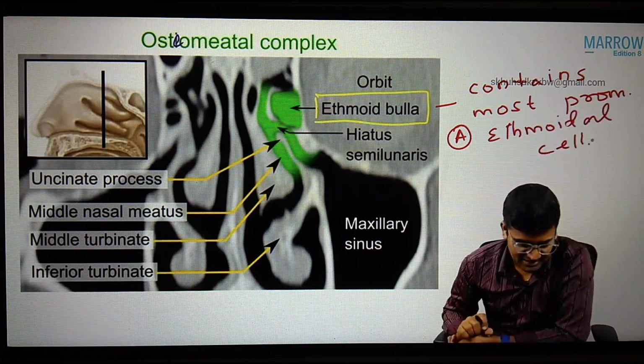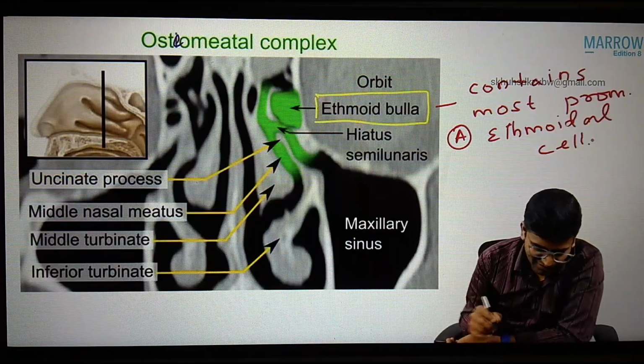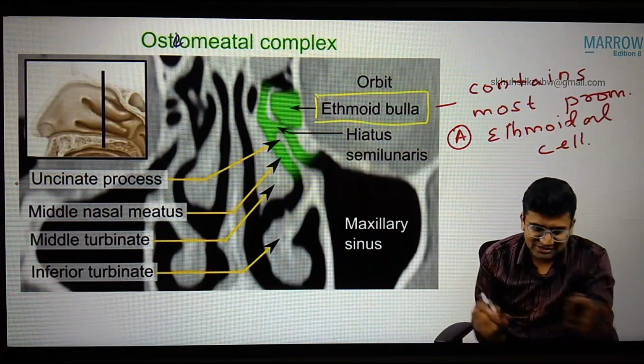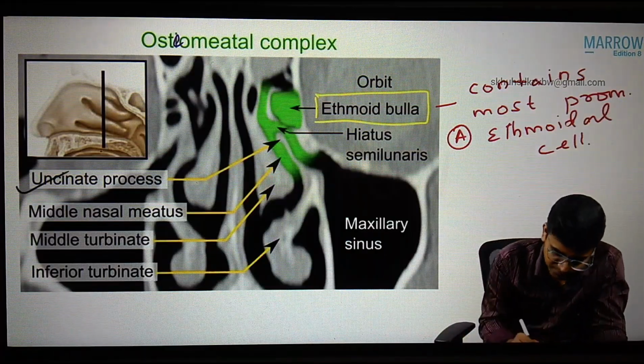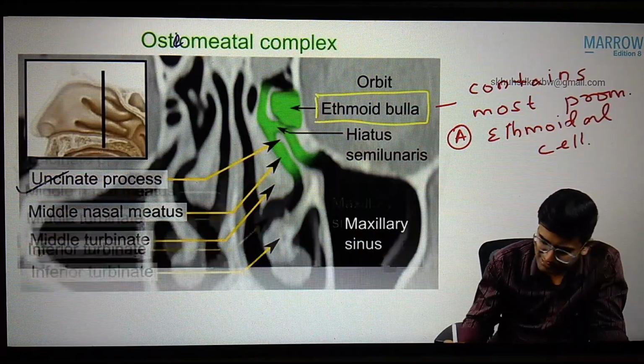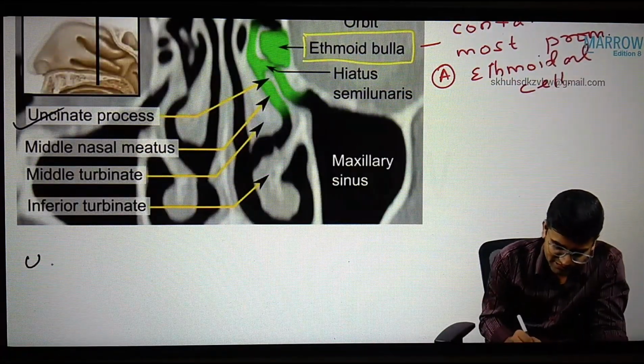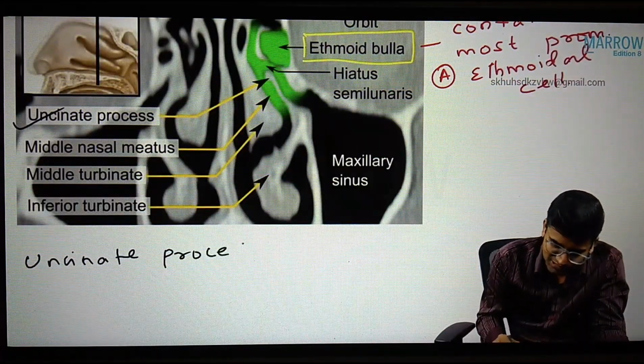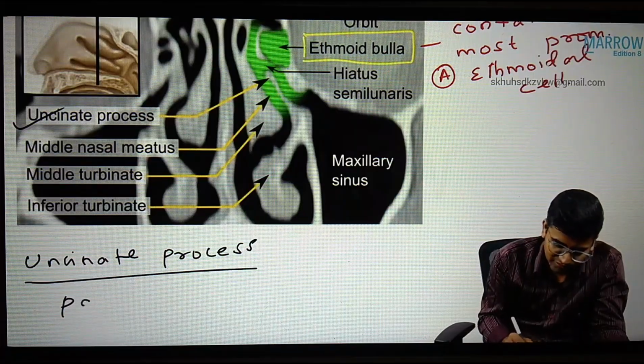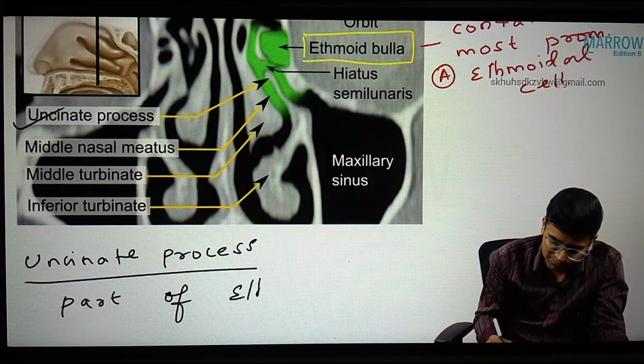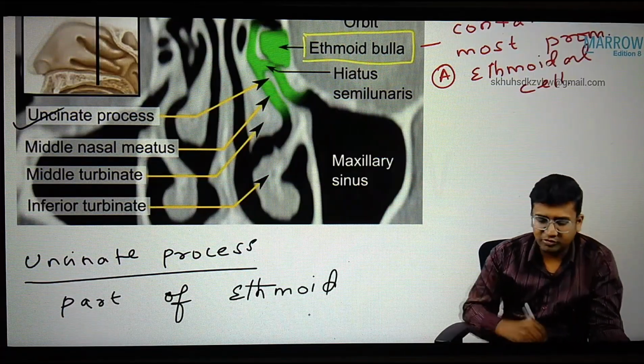Okay, right. And we have the uncinate process. The uncinate process is a part of the ethmoid bone.